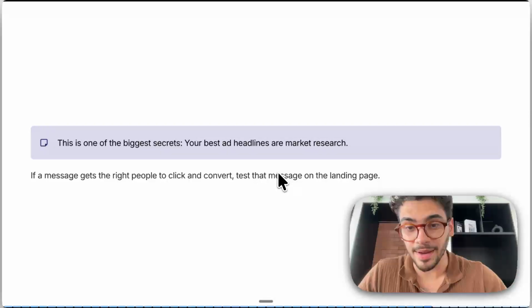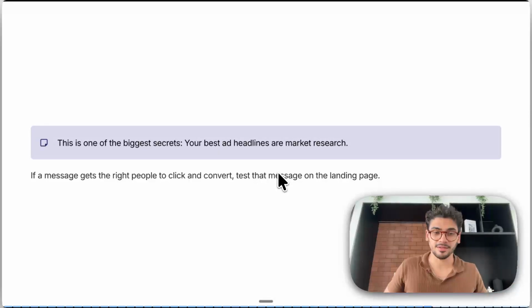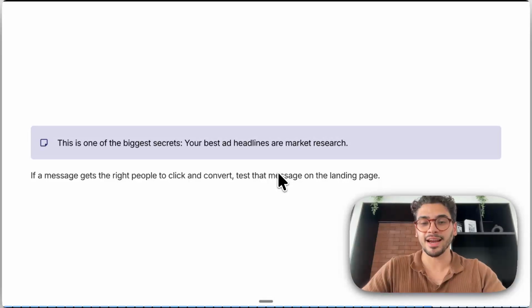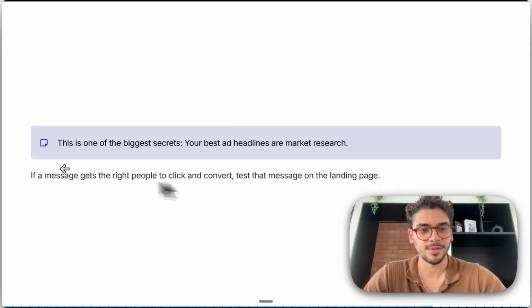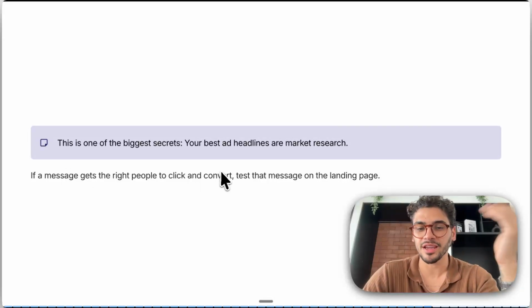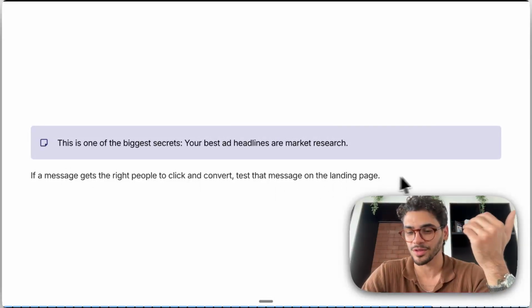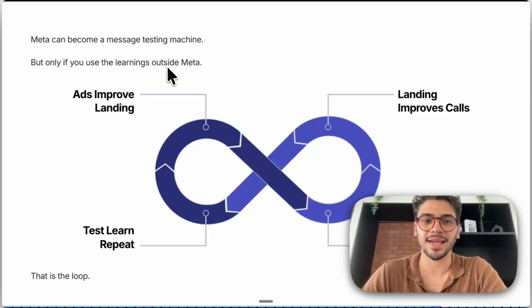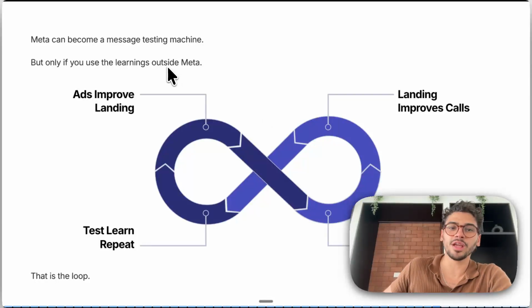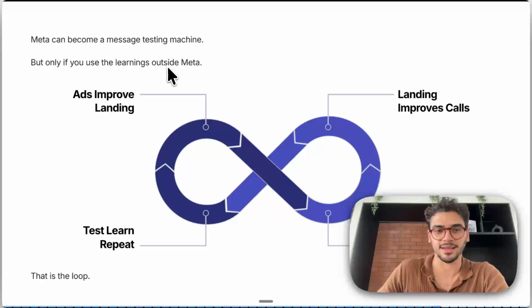So right now you have information from the market, the real marketing acting there, that this take is actually worth exploring more. If a message gets the right people to click and convert, test that message on the landing page as well, right? So Meta can become a message testing machine, but only if you use the learnings outside Meta.